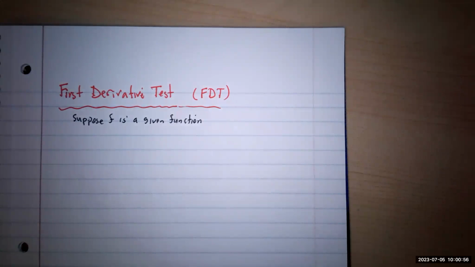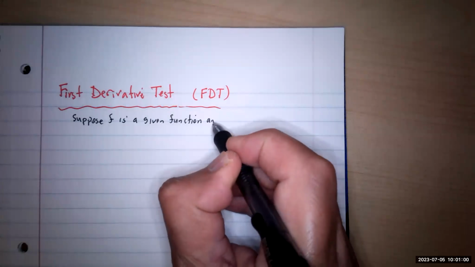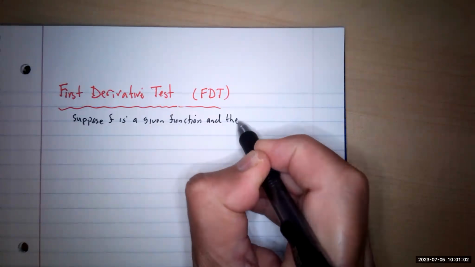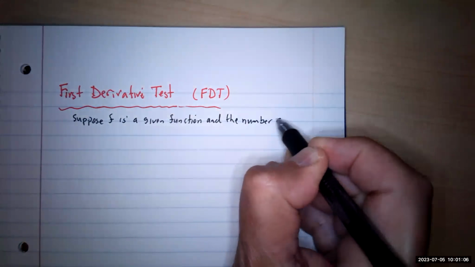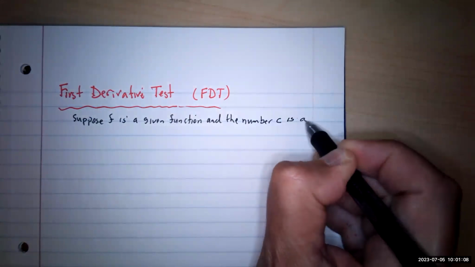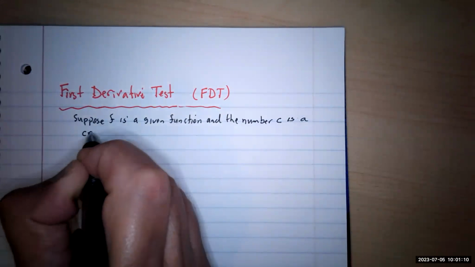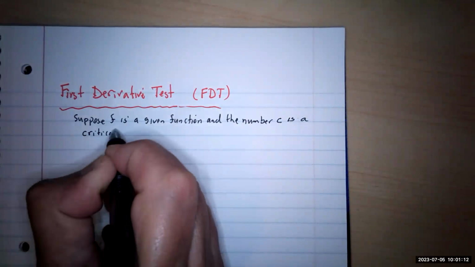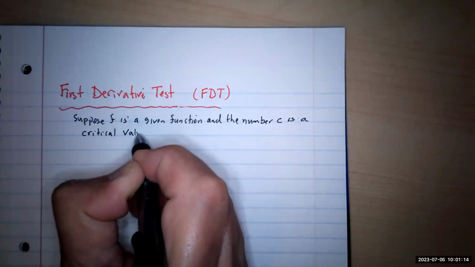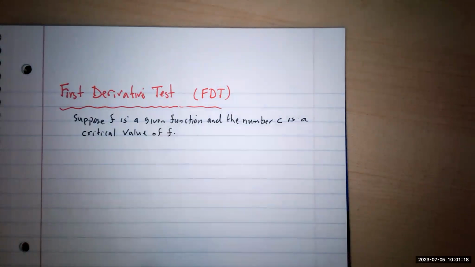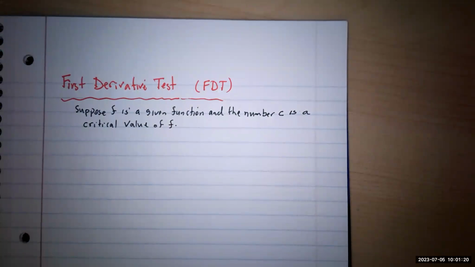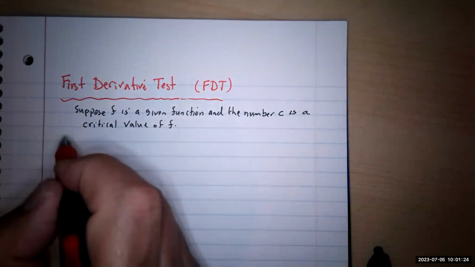So suppose f is a given function, and the number c is a critical value or number of f. You don't know whether it's a maximum or a minimum. So this is how we're going to use the first derivative test.